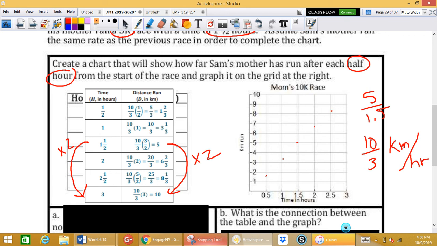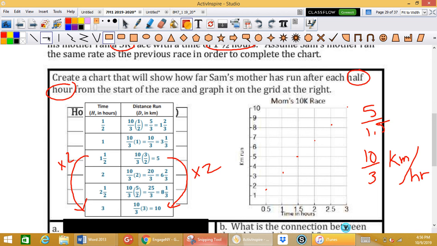And 3 is 10. So let me connect these. If she doesn't start running, she goes 0 kilometers. So there's our line.